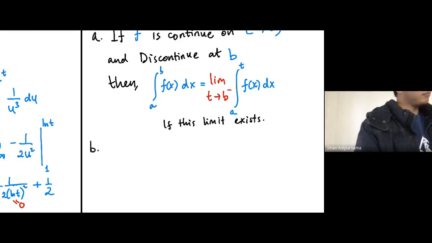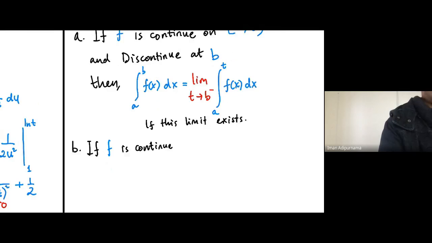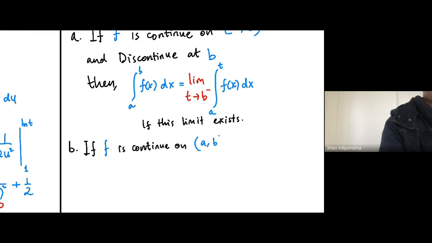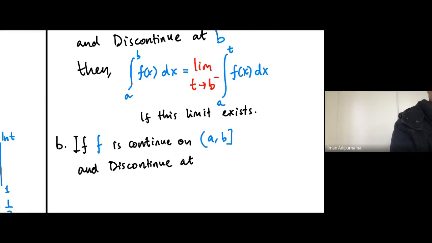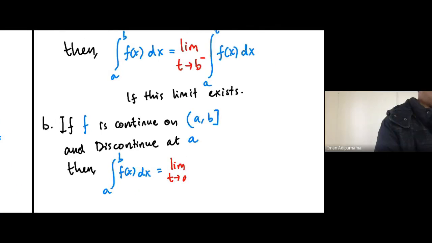and then secondly, if the function is continuous on AB, not including A, and discontinuous at A, then we can use the limit as t approaching A from the right.